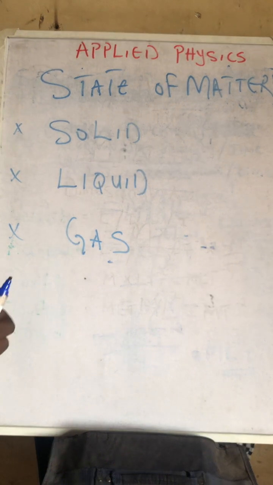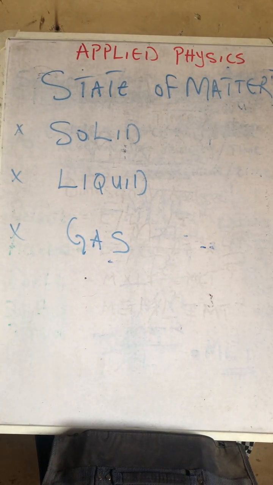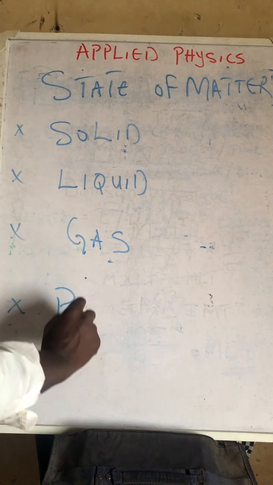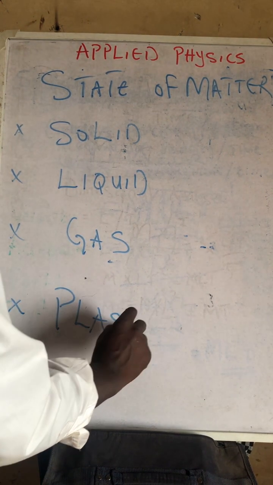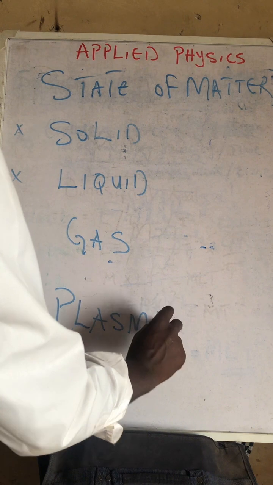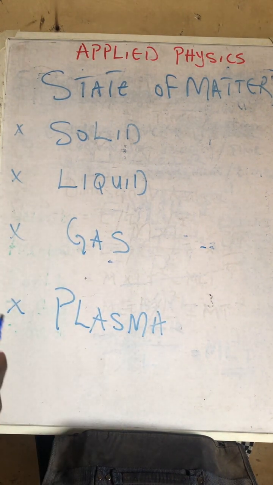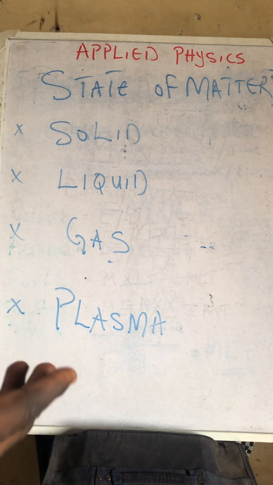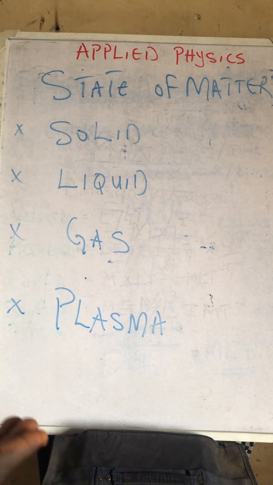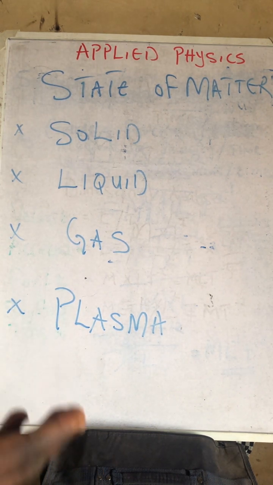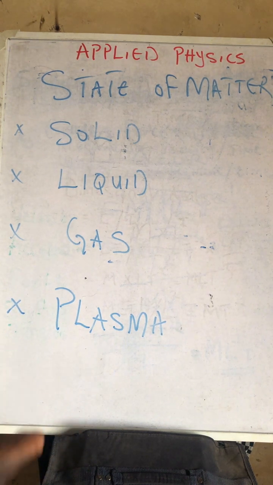But here, I'll be showing you another state that matter can exist. Matter can also exist in a state called plasma. I remember, what is matter? Matter is defined as anything that has mass and can occupy space.